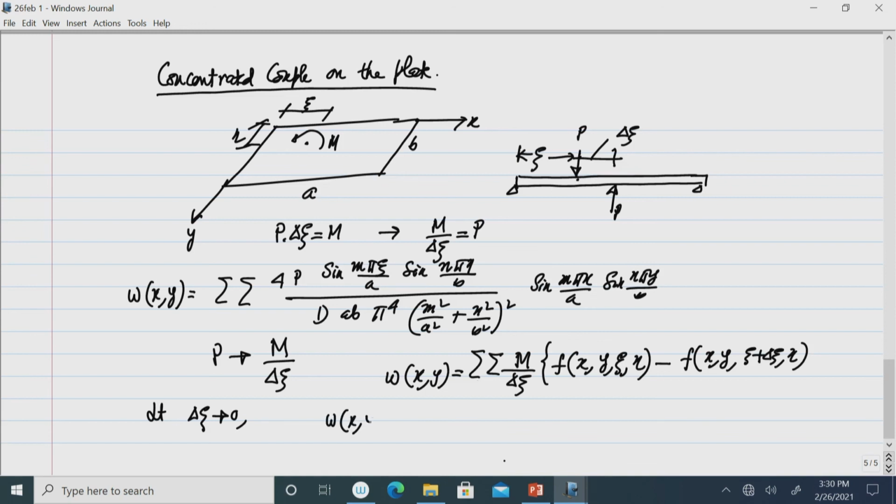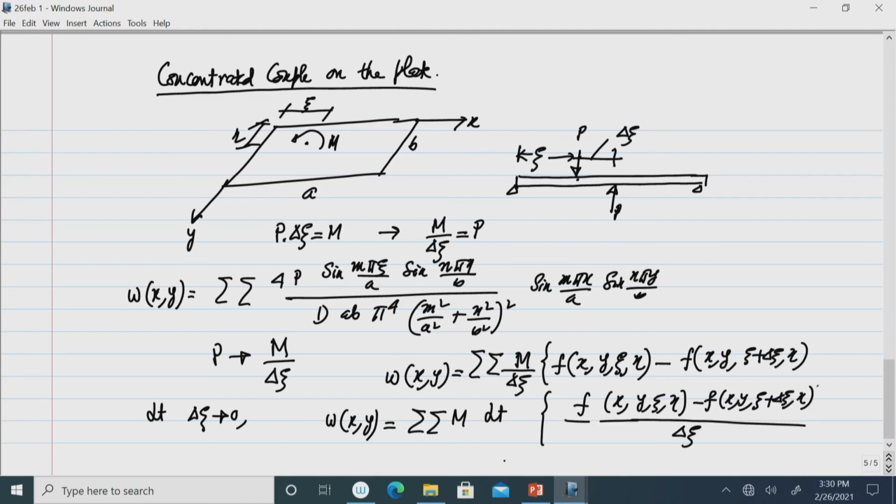So, in that case it is written as M, and the limit of this as del xi tends to 0. From the definition of the derivative, we can write this as the derivative of the function of x, y, xi, eta.